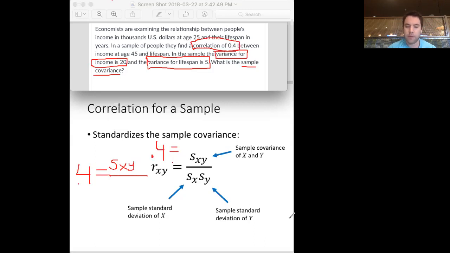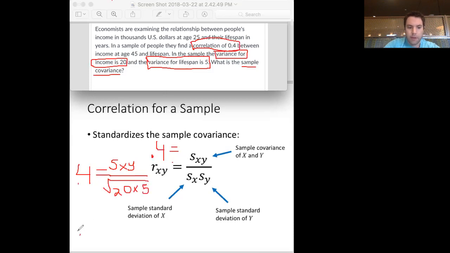So in order to solve this problem, we can simply take the square root of the variance of x multiplied by the variance of y. The variance of x is 20, multiplied by the variance of y, which is 5.